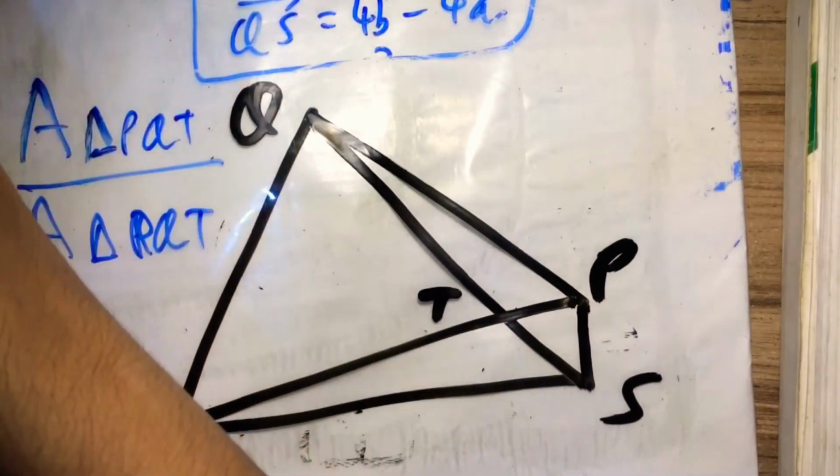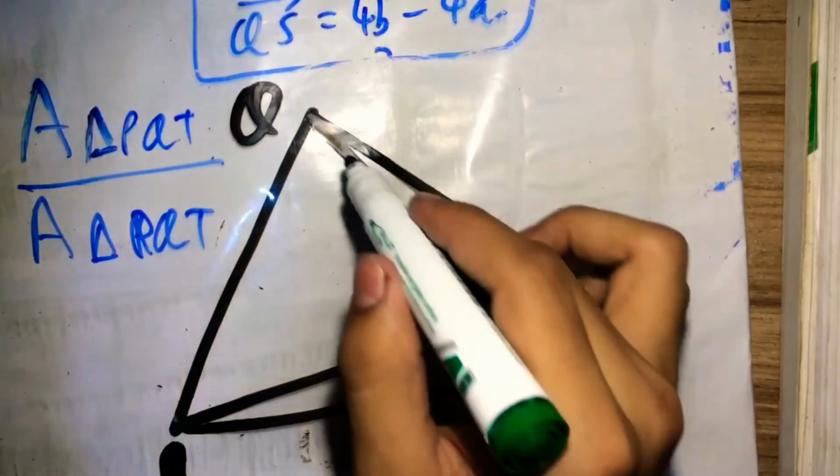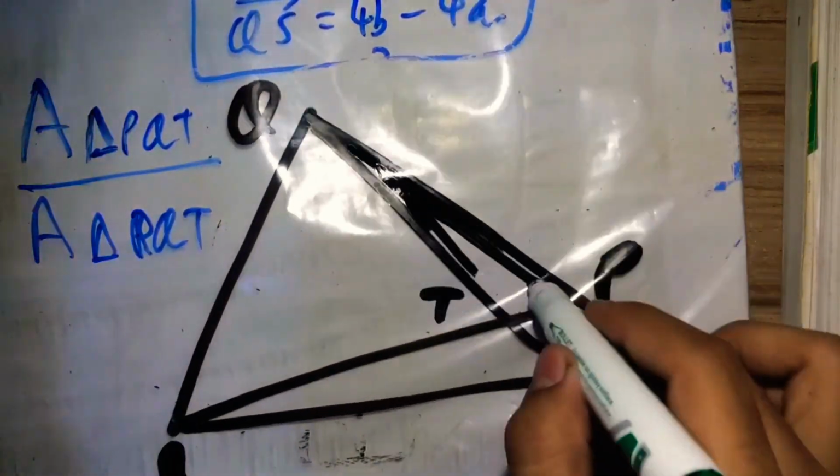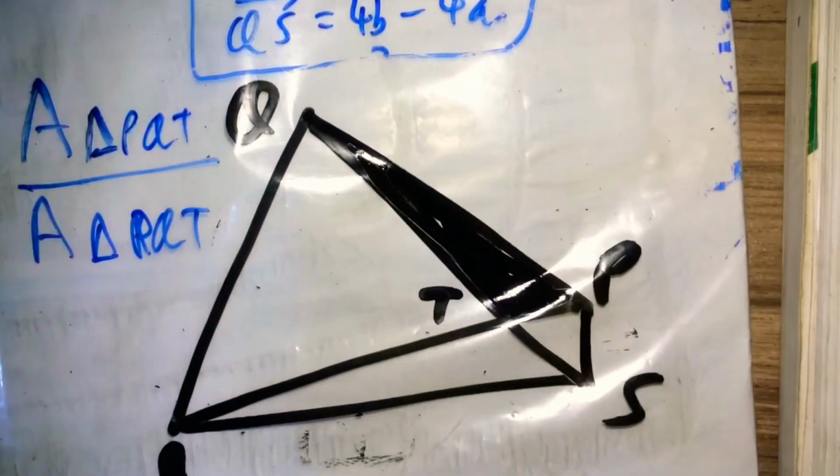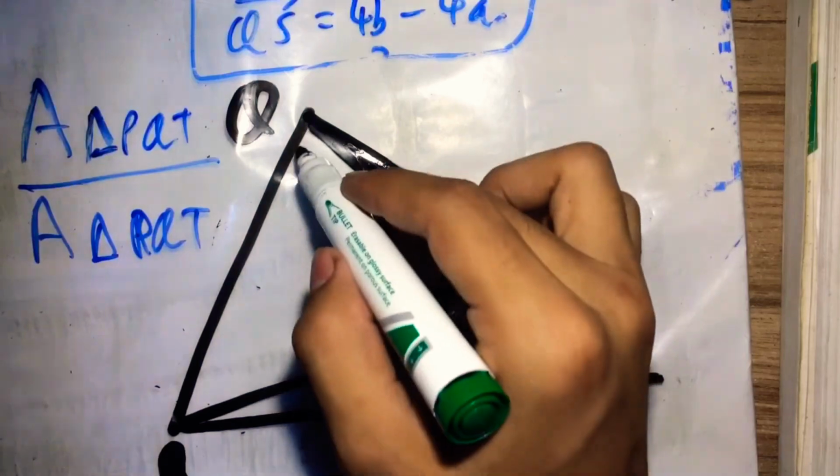So shading those triangles, PQT is this triangle and RQT is this triangle shaded in blue.